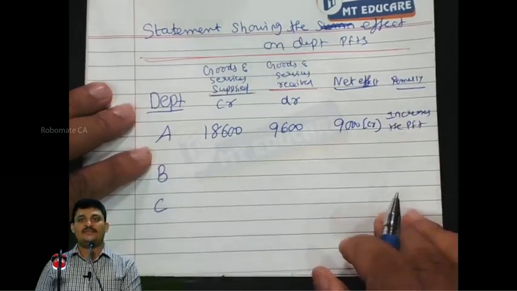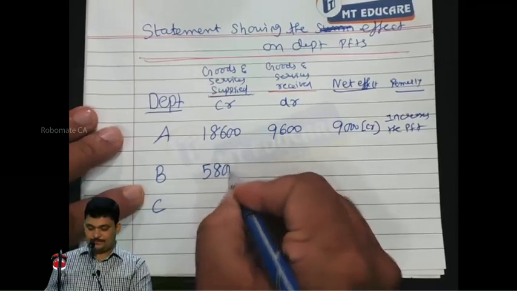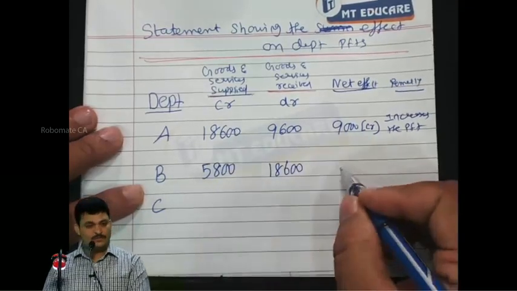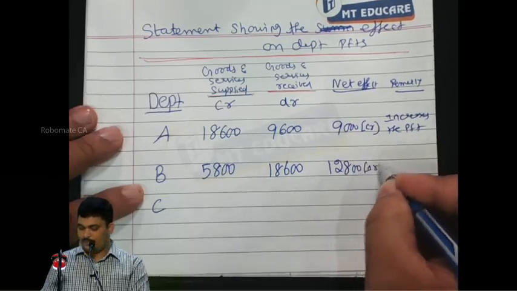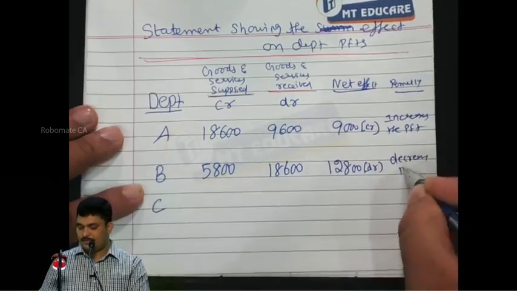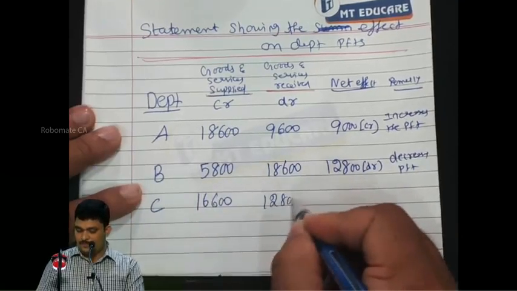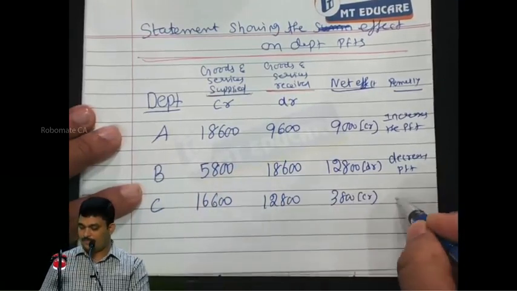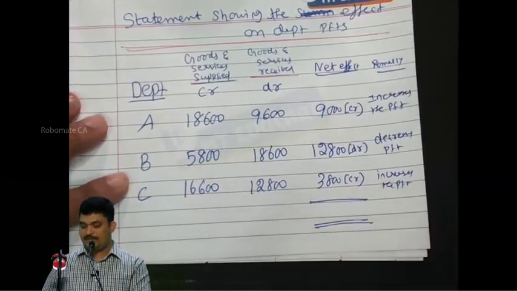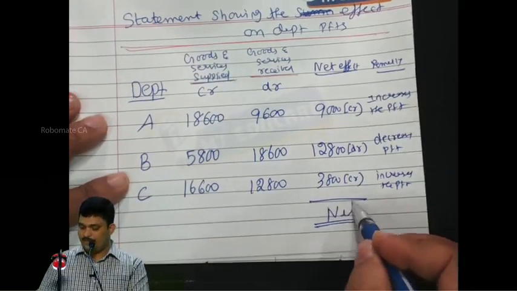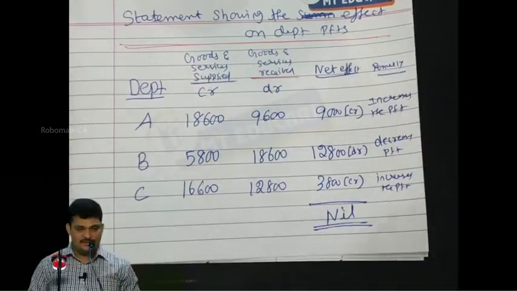The interdepartment transfer increases the profit for department A. For B, 5,000, so friends, 12,000, decreases profit. 16,000 increases the profit of department C. Net effect nil, which means overall the business profit will not increase, it is just that ABC's profits will increase and decrease. Everybody?